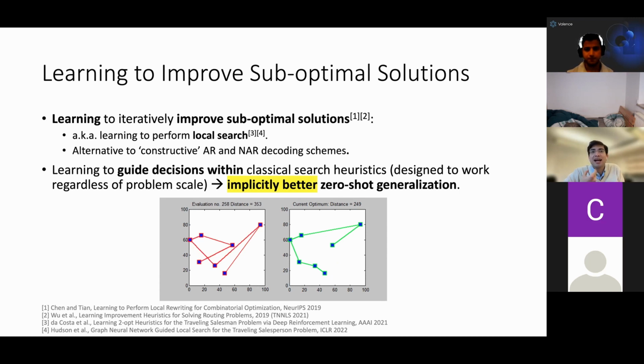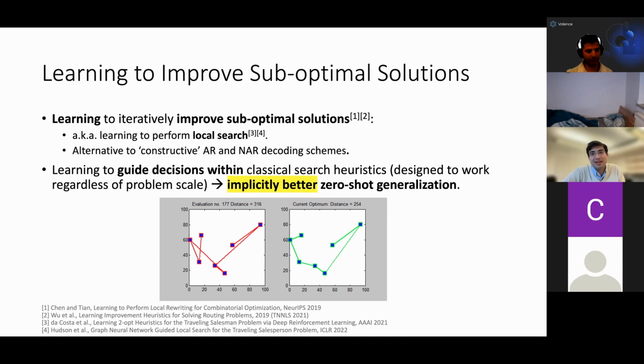Essentially, you have to hand design some of these operators or perturbations. You keep trying them. If they improve your solution, then great, you've improved the solution, so you keep that solution. If they make it worse, then you have a smart way of rejecting this. Essentially, the idea with local search is that if you start from something random and do it for long enough, you will arrive at something good, right?